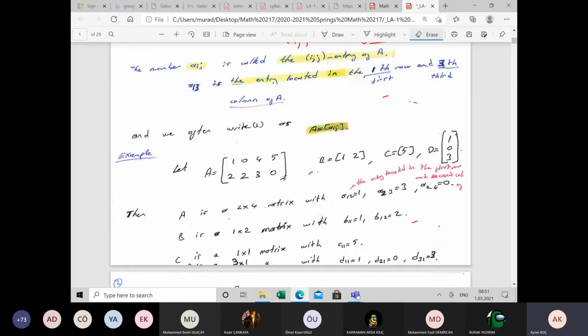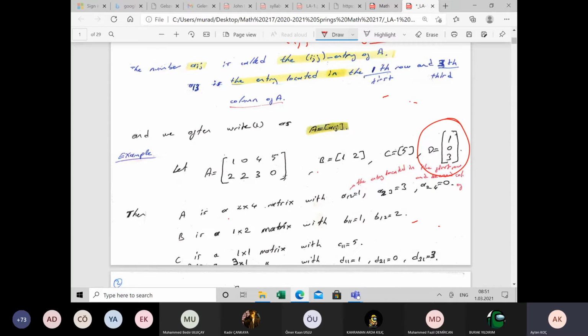If our matrix contains only one column, like D, this matrix is called a vector.